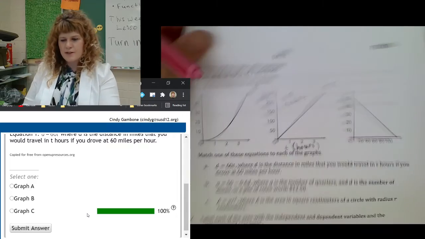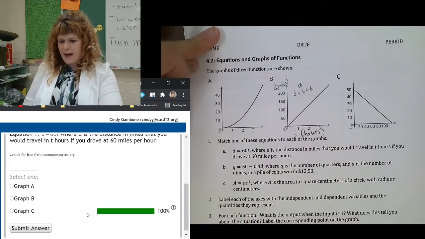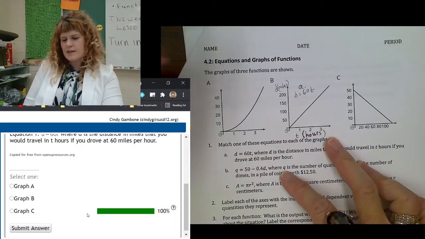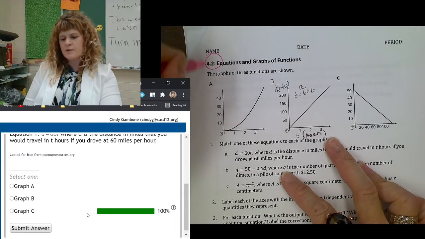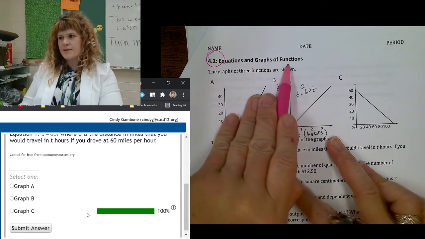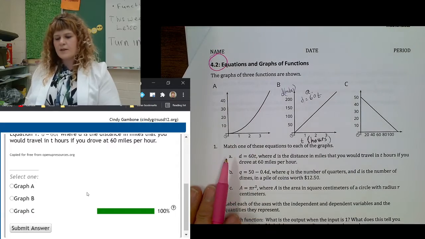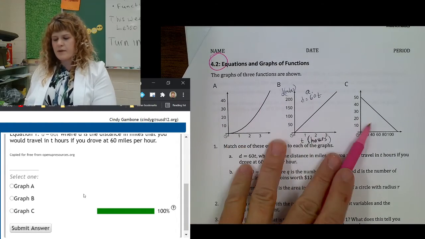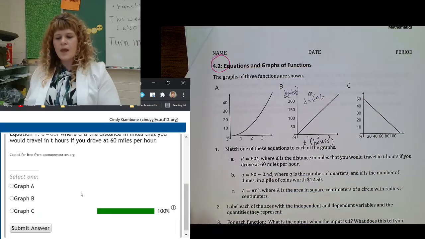On the next page, if you have the packet that I gave you, you'll see that this is activity 4.2, equations and graphs of functions. And you'll see the graphs of 3 different functions.